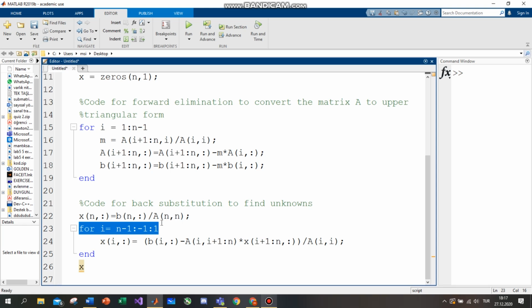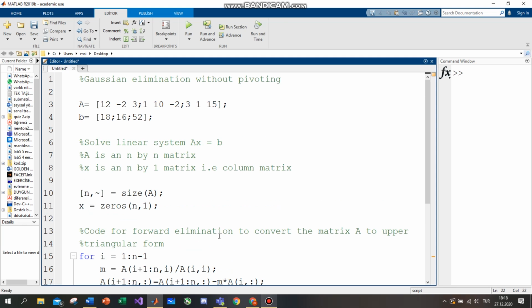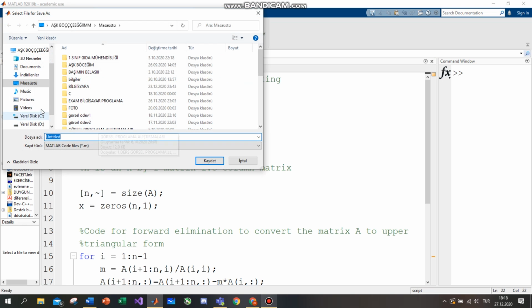This is the back substitution part. Now I run the code, and we obtain the values of x as shown.